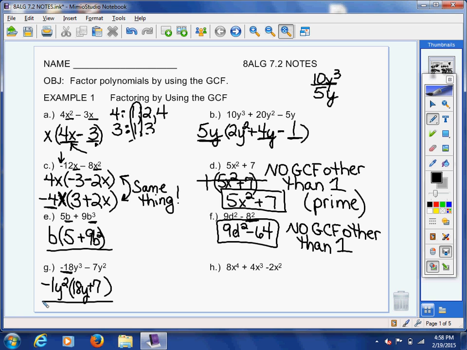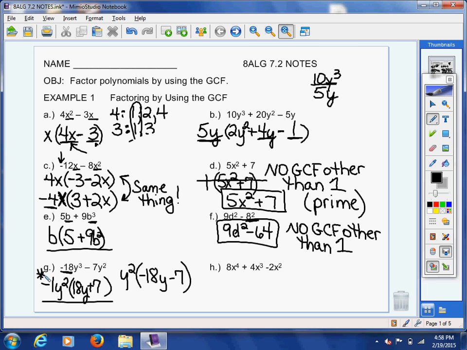You could have just pulled out a y squared and been left with negative 18y minus 7. That's equally correct. No problem there at all. I normally, if I see a leading coefficient is negative, pull out a negative number. That's just how I roll.